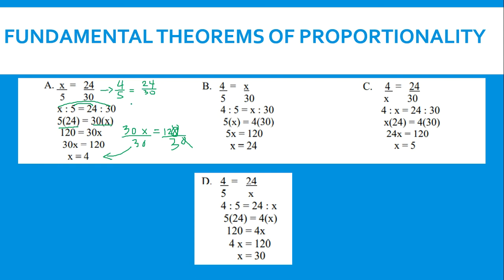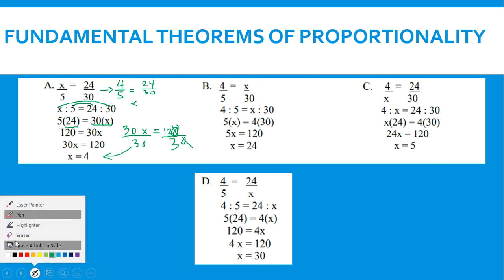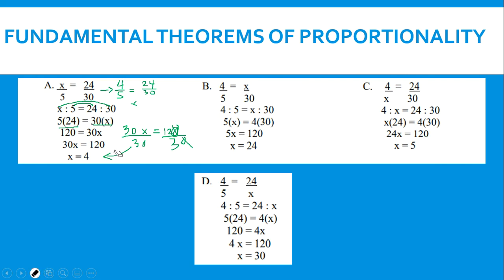In colon form, that is 4 is to 5 as 24 is to 30.